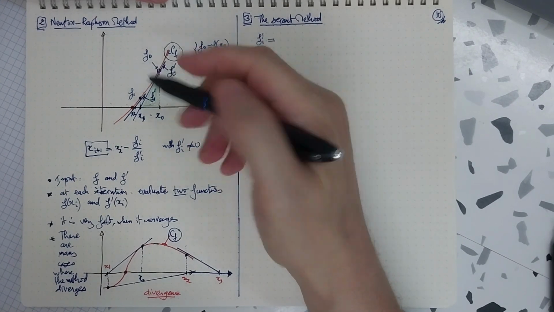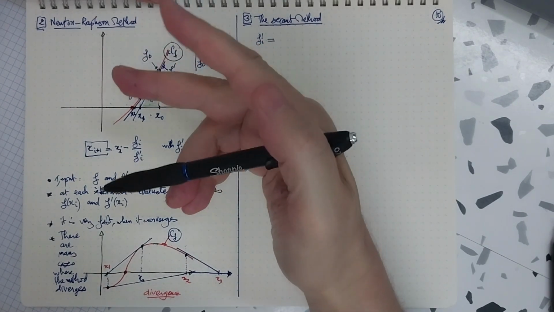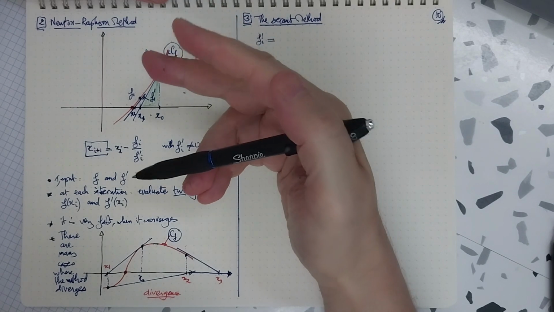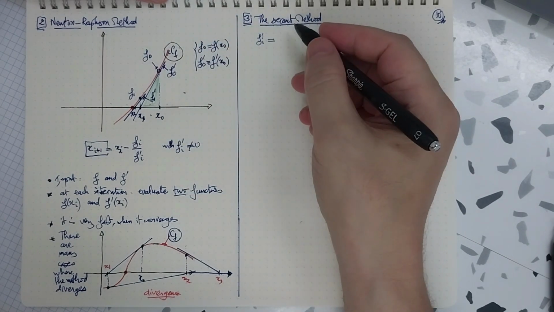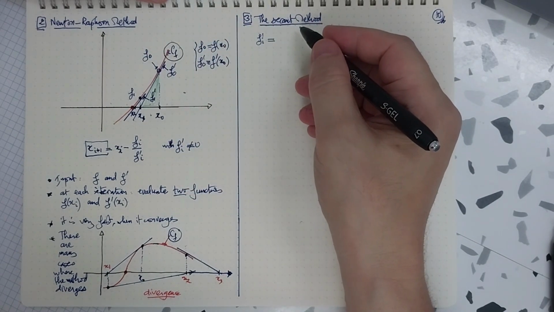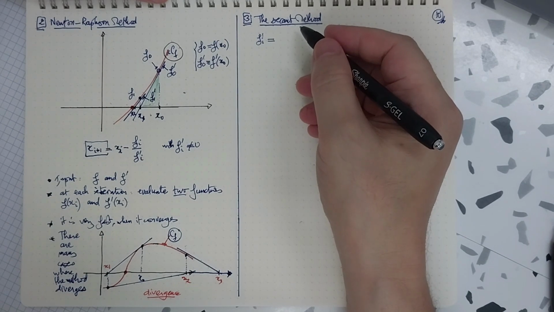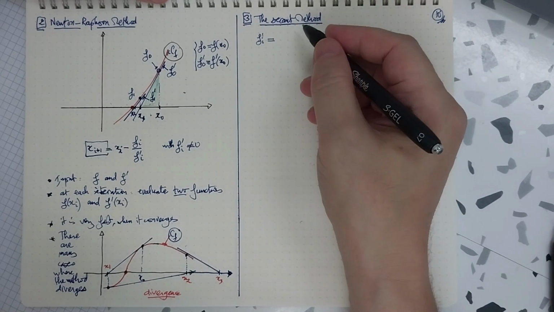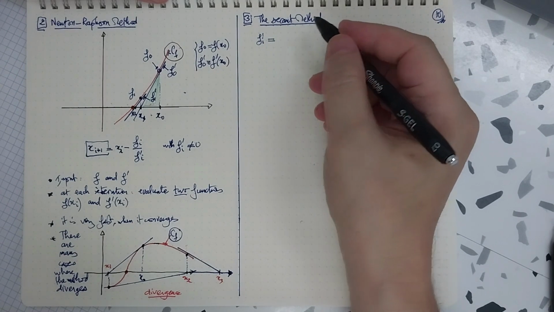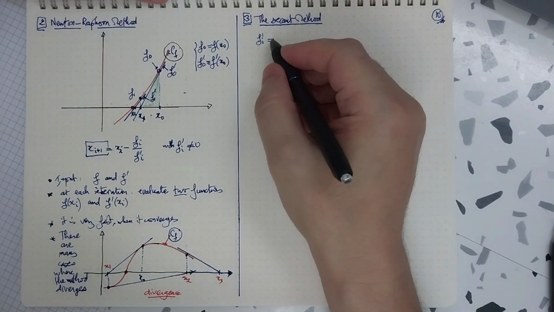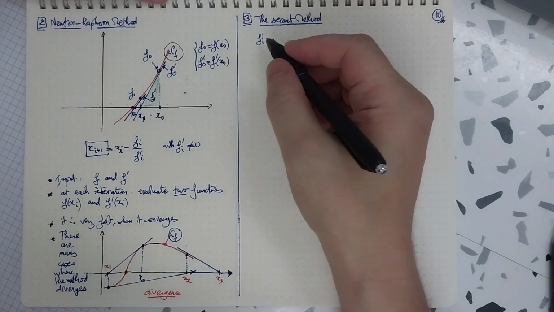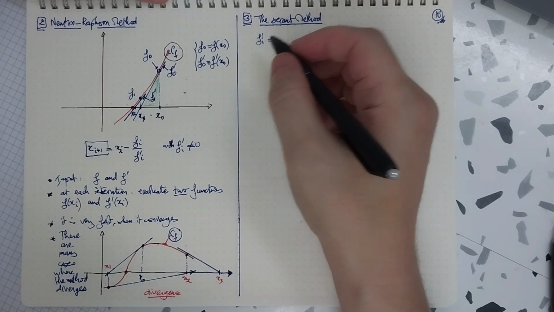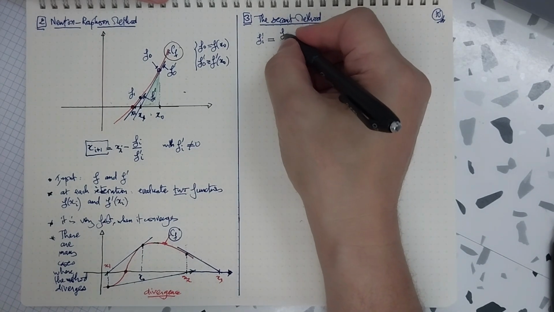The Newton-Raphson method has two disadvantages. It needs the derivative, and it might diverge. The secant method can also diverge. All the open methods can diverge, I mean. But it proposes to change the derivative with an approximation.